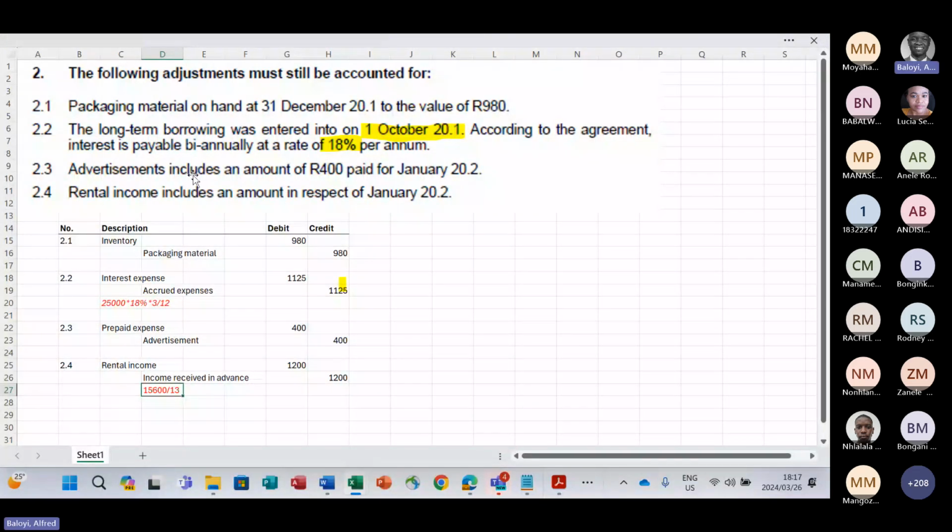And for long-term borrowing, it is stated that it's from October. So all the amounts are for 12 months, except when they tell you that it's not. So if rental income includes an amount of January 20.2, then it will be 13 months. I hope it makes sense.